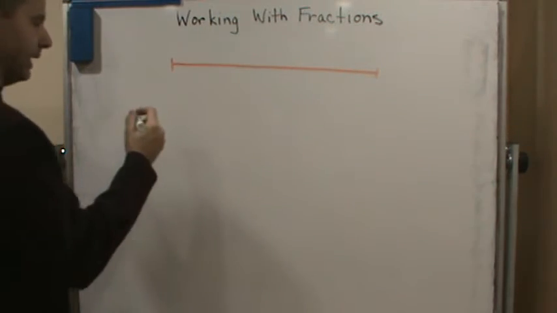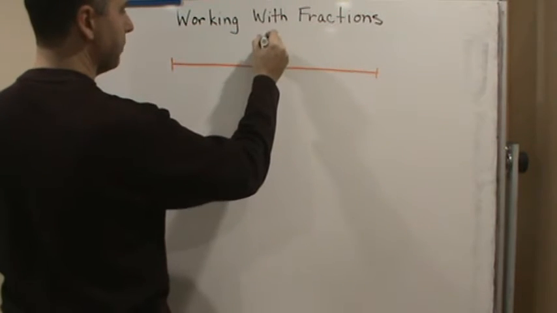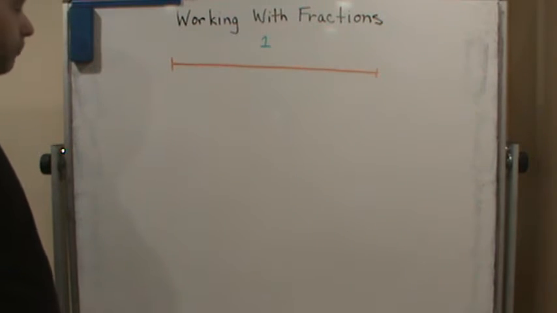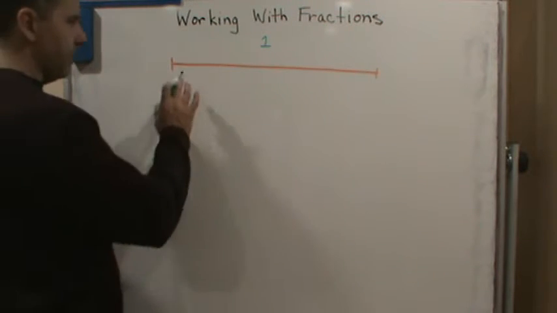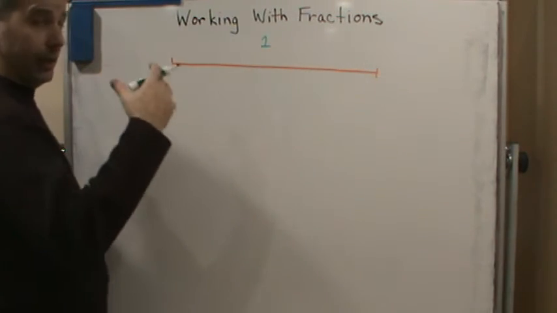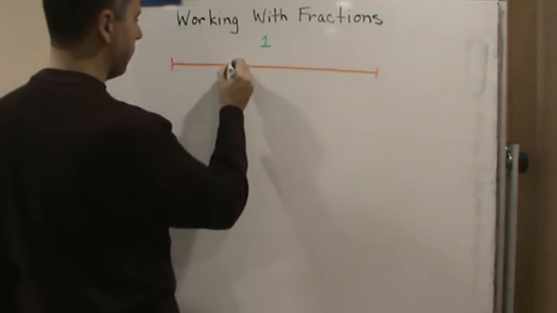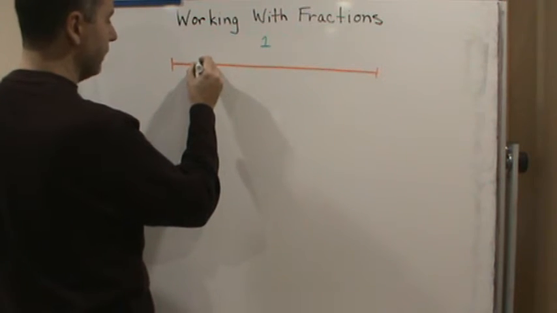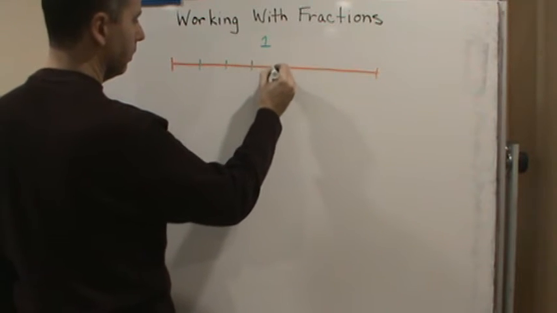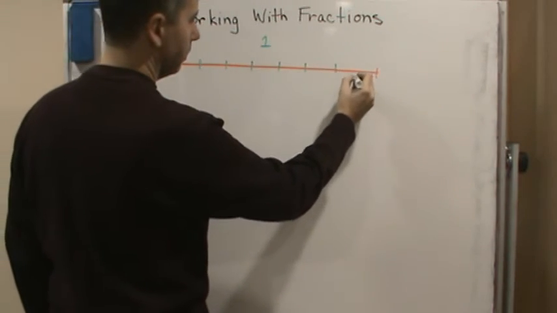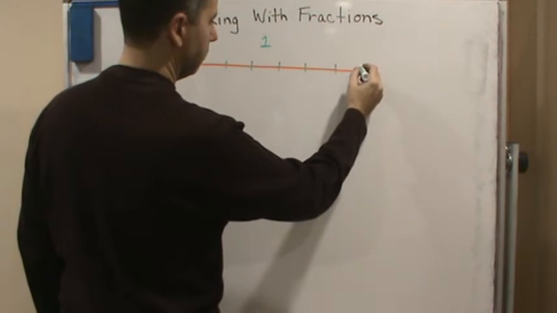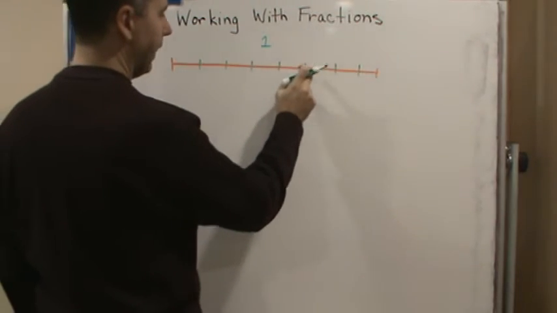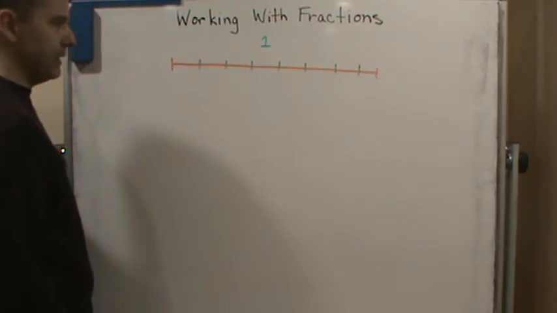And so the idea is I'm taking a whole, so let's say, in numbers, I'm taking the unit 1, and I'm dividing this 1 up into equal parts, whether it's thirds or fourths or tenths, right? So if I want to equally divide this, let's say those are equal pieces, then I have 1, 2, 3, 4, 5, 6, 7, 8 equal pieces.